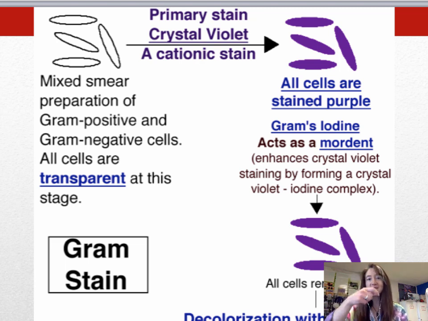It enhances your eyelashes. Just in the same way, iodine enhances the staining of the crystal violet. In chemical speak, it increases the size of the complex. Iodine binds to crystal violet, making it more likely that the gram-positive cell will retain that complex. At this point, even after the iodine, everything is purple.